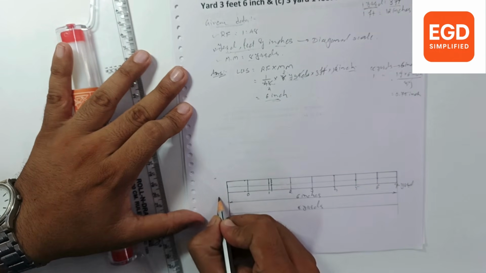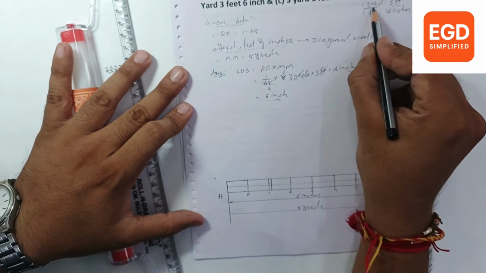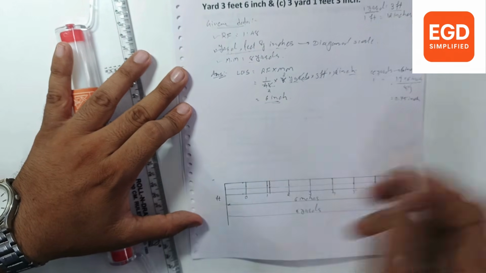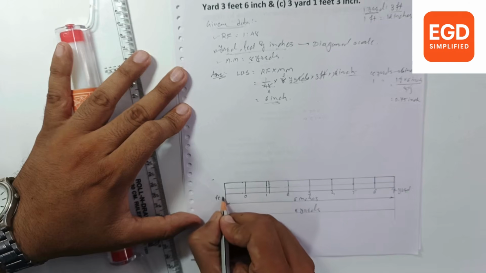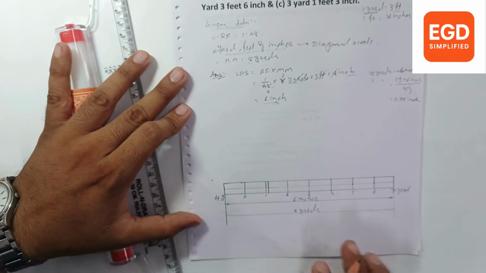Now, to indicate feet here, we have unit conversion 1 yard is equal to 3 feet. So this is the 1 yard portion, we will indicate 3 here, and it is required to now plot this portion into 3 equal parts.